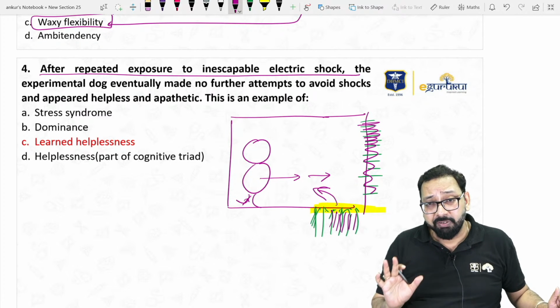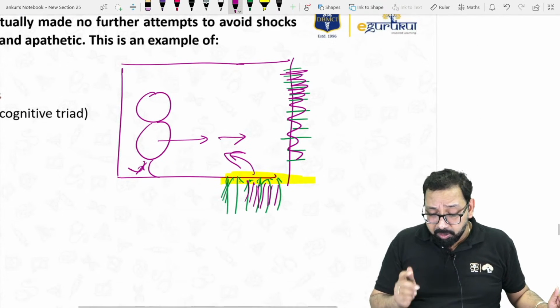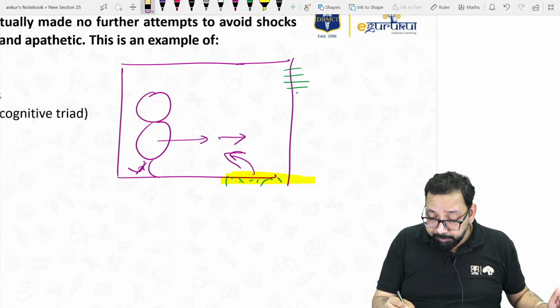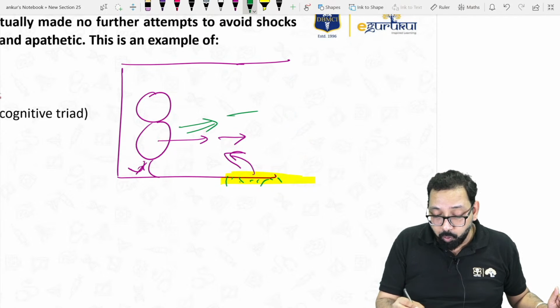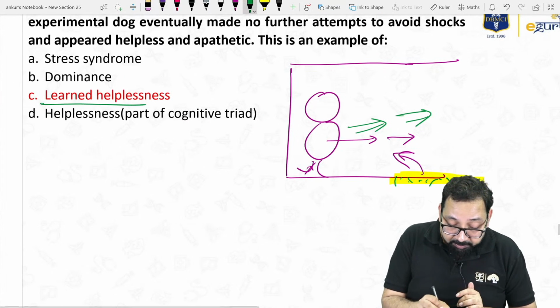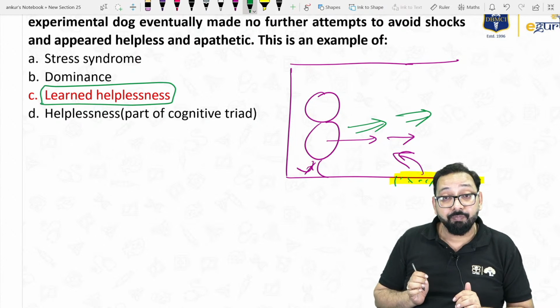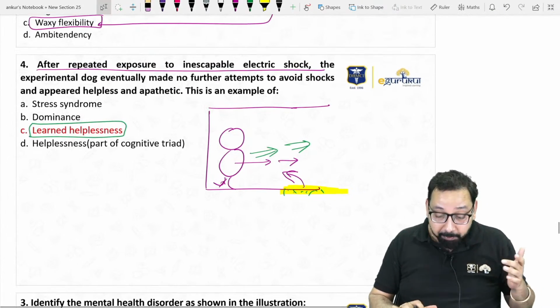Now, after so many episodes of this event, they removed the electric current and opened the door, but the monkey never tried to come out because he learned that he is helpless. In the same way, many times we feel helplessness.